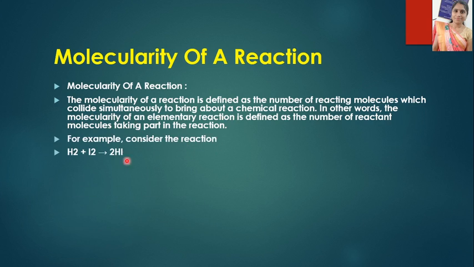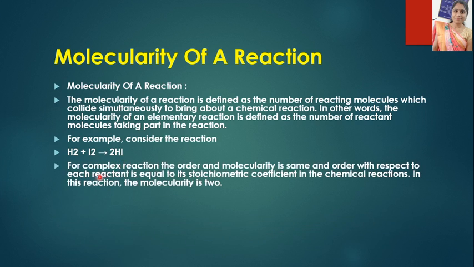So consider, for example, H2 plus I2 gives 2HI. For a simple elementary reaction, the order and molecularity are the same, and the order with respect to each reactant is equal to the stoichiometric coefficient in the chemical reaction.